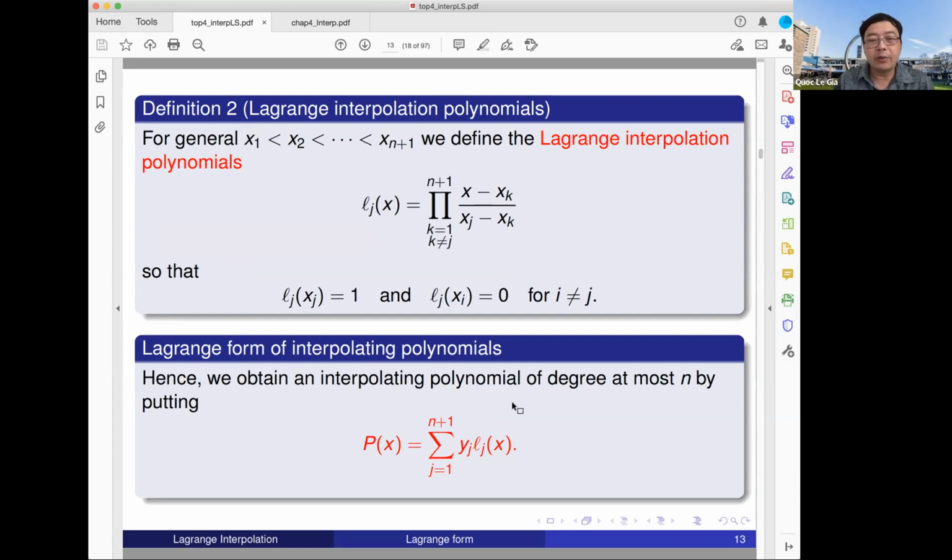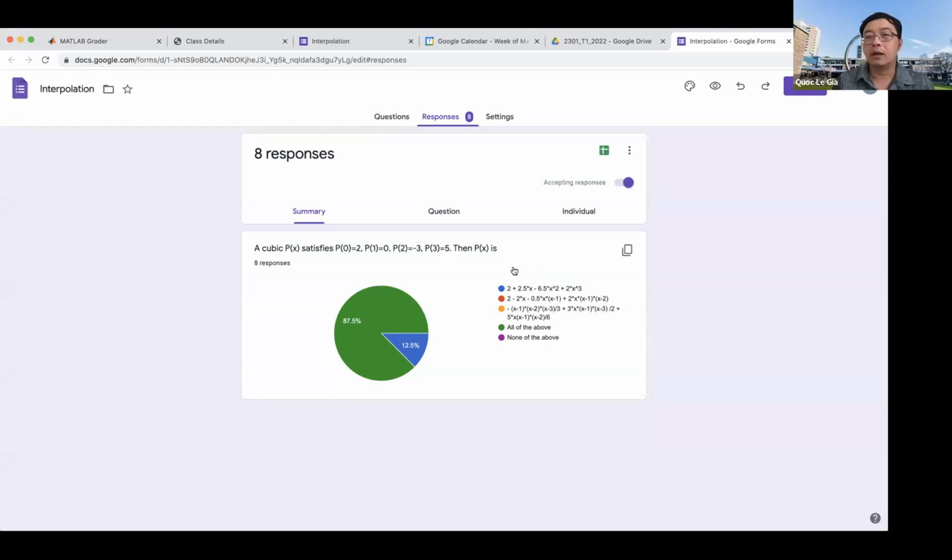So unique in the sense that, if you go back to the Google form, P(x) is the combination of all the Lj. You see in the Google form that P(x) is the third choice.